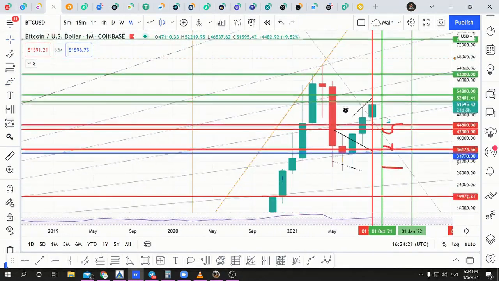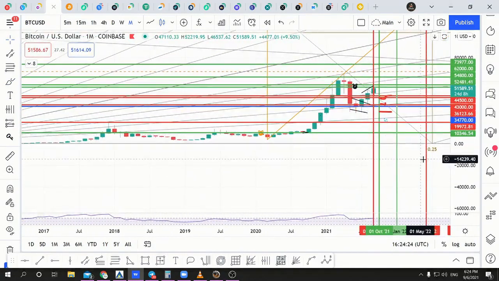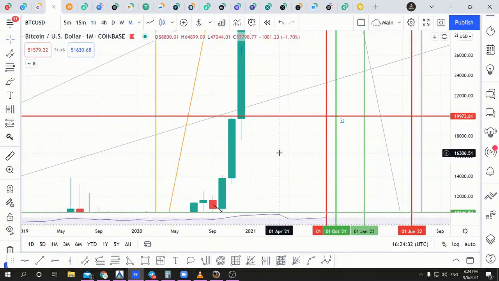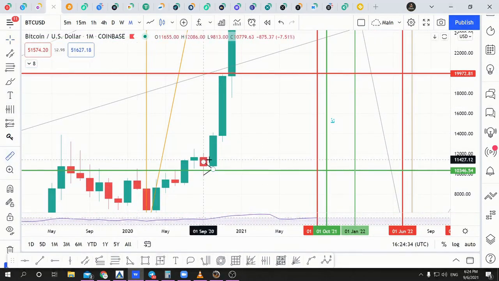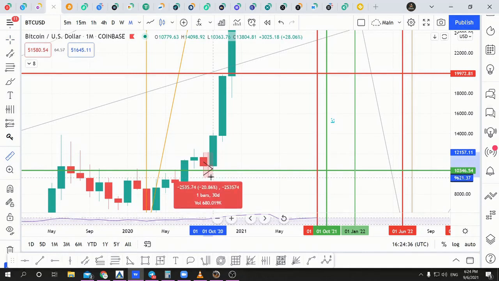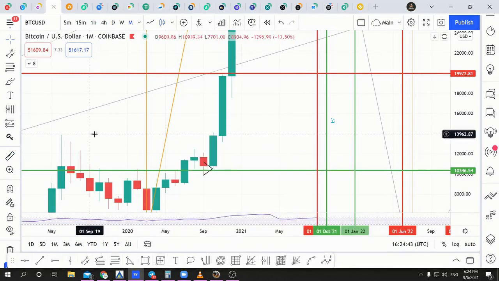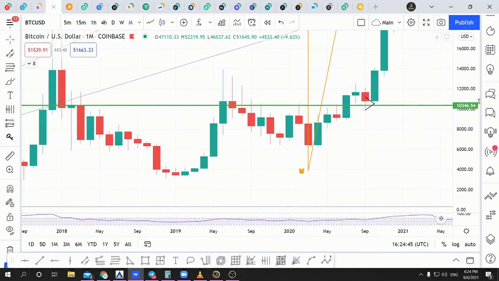Okay, let's go back here. Where is the last September? That was here, this one, the red candle. As you can see, we have some retracement, I think about 20% retracement on the Bitcoin. That's very much on the alts.